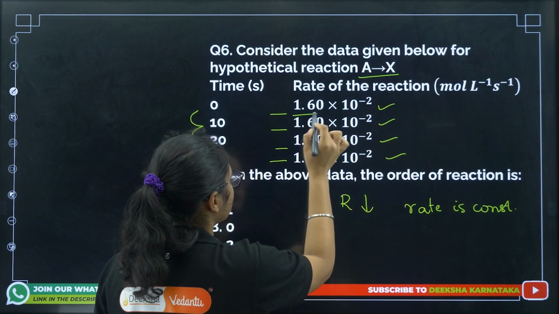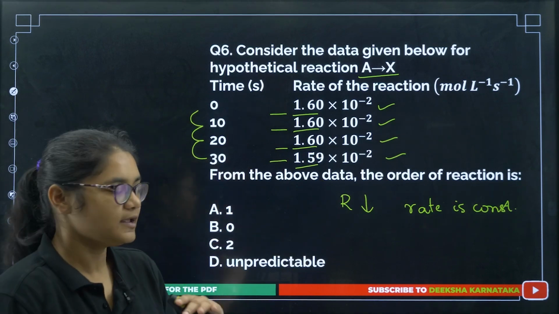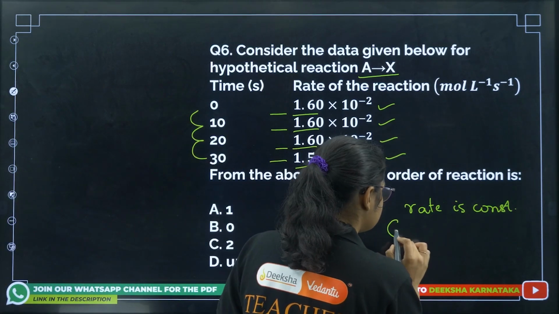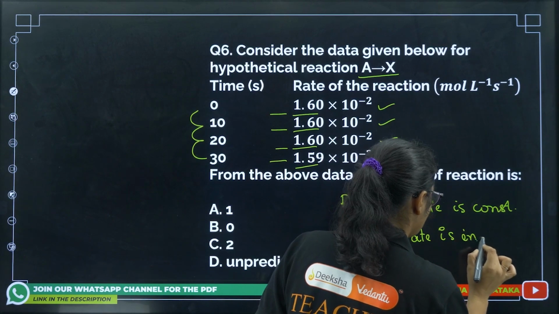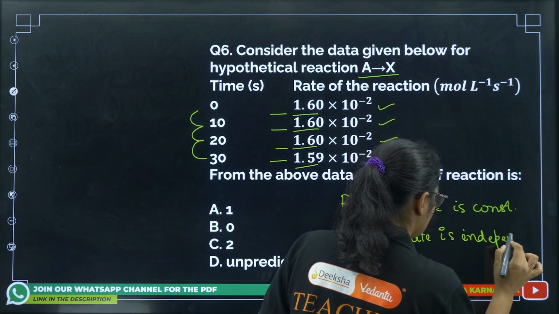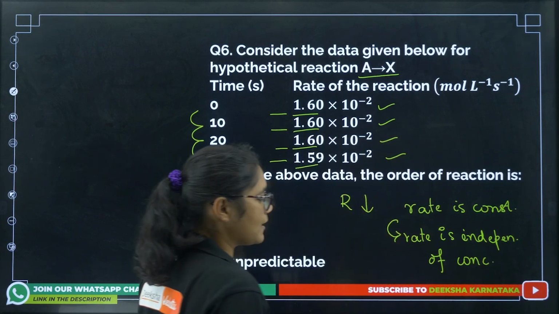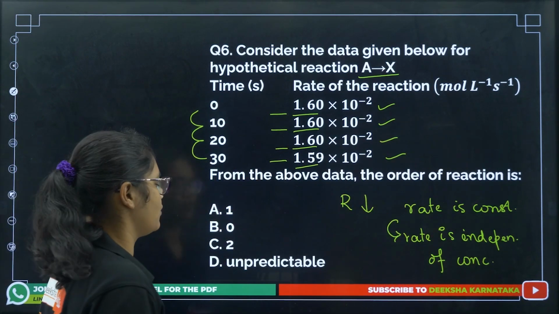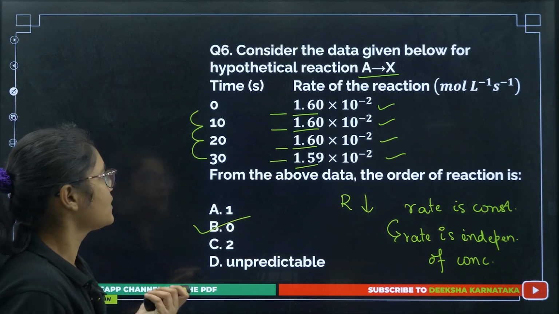Almost you can see 1.6, 1.6, 1.6, 1.59. So rate is constant. What does that mean? Rate is independent of concentration. That happens in zero order. The correct answer for this question will be option number B.